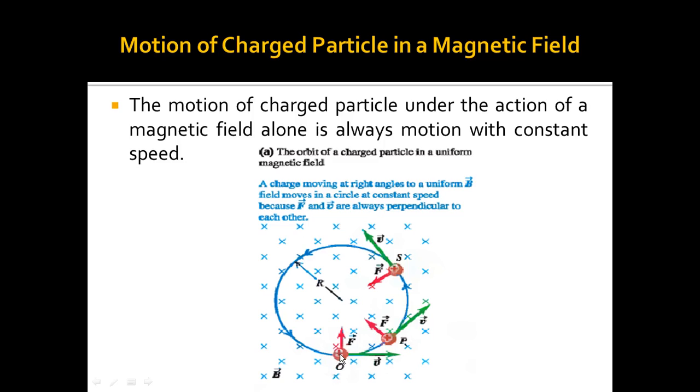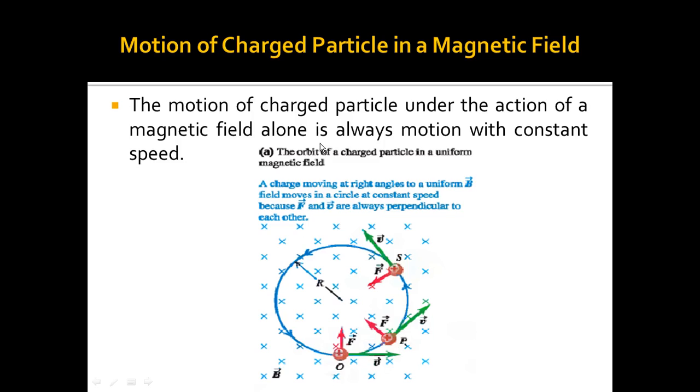But since the force here is perpendicular, the acceleration it produces does not affect the value of the velocity. Although this force deflects the charged particle, it simply changes its direction, but it doesn't change the magnitude of the velocity.